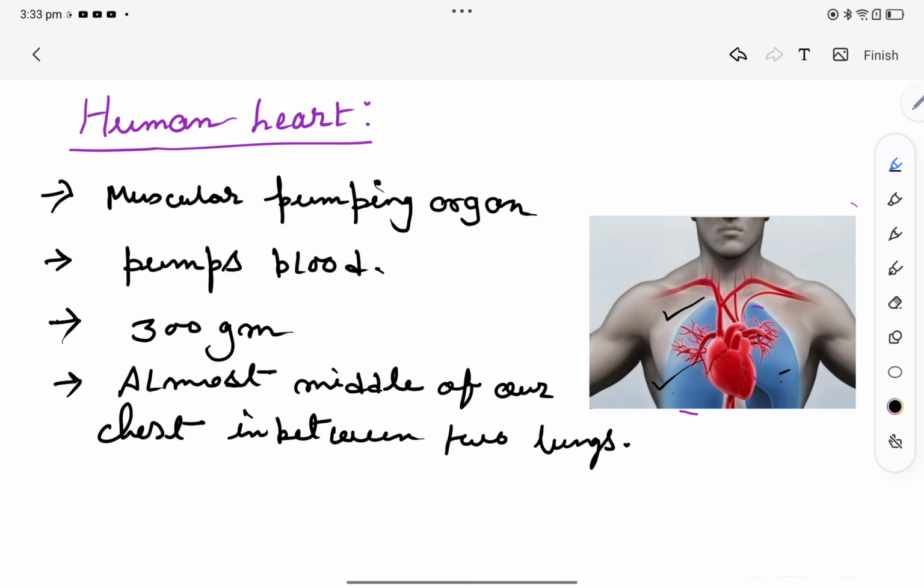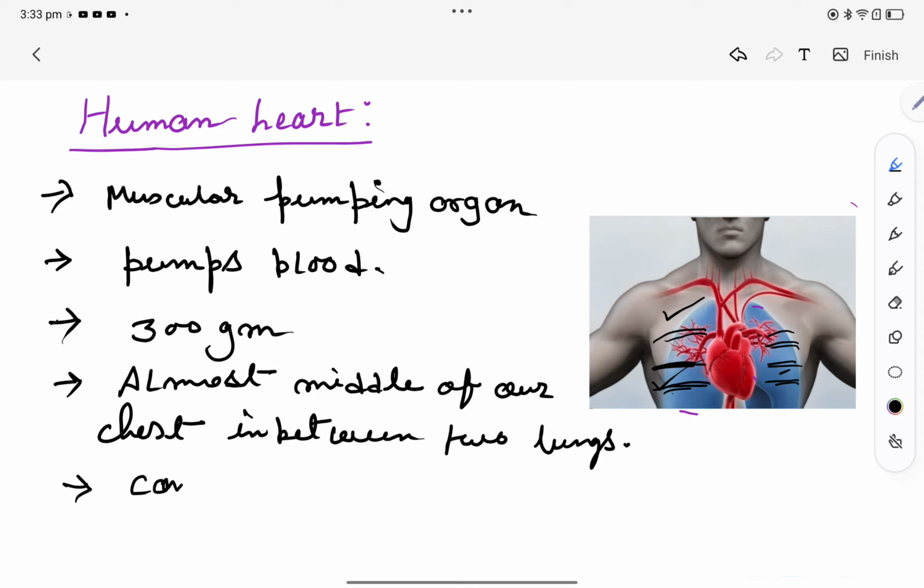well protected by the rib cage. So if we see the diagram properly, this portion is actually very much protected by the rib cage, right? Now the heart is of conical shape.